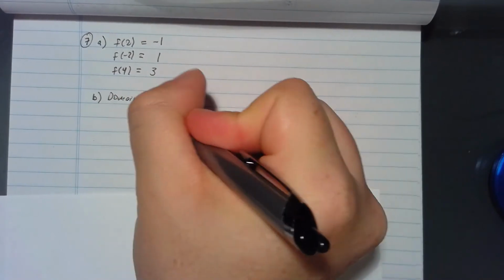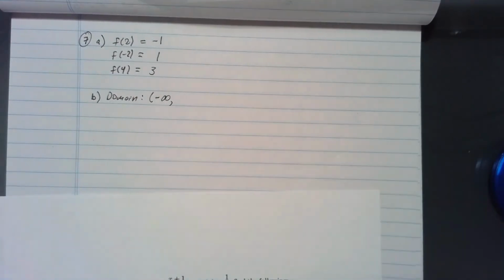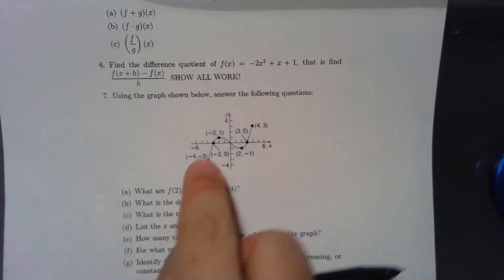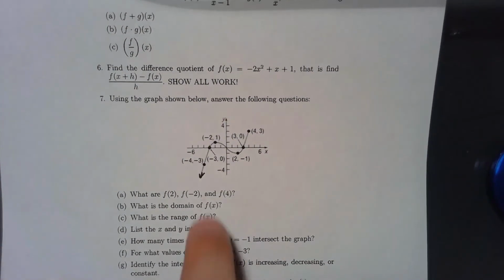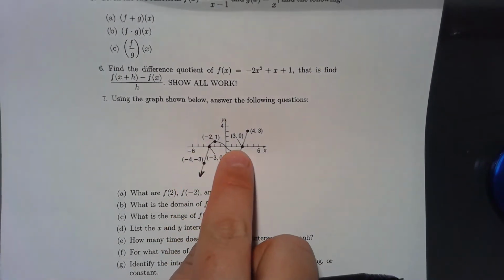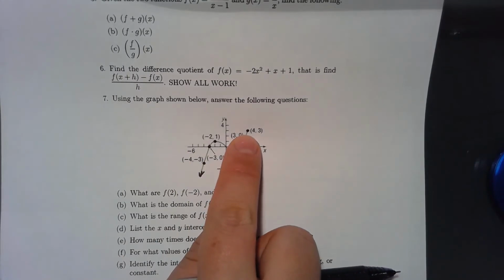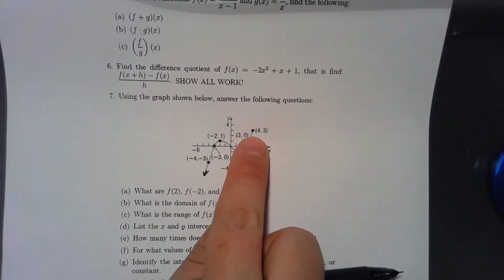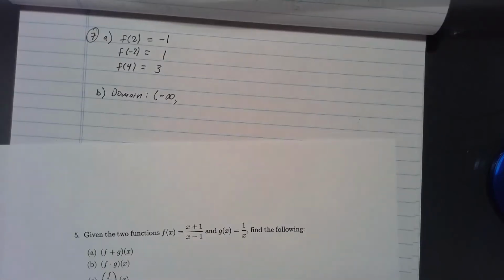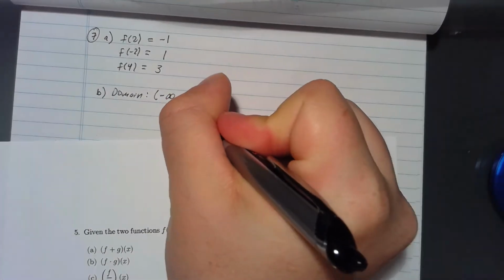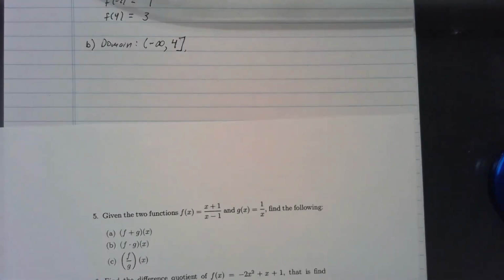So the smallest value is negative infinity, because that arrow indicates it goes down and to the left forever. And it goes to the right all the way out to 4. The furthest x value to the right it goes to is 4. And since there's a solid dot there, the furthest right it goes to is going to be close bracket of 4. That's it.